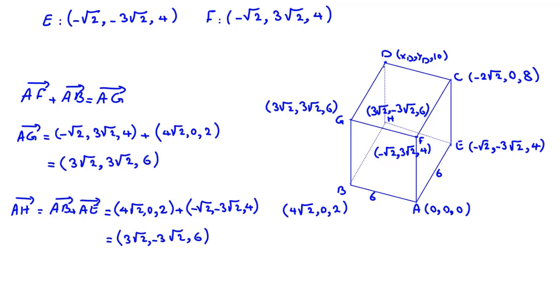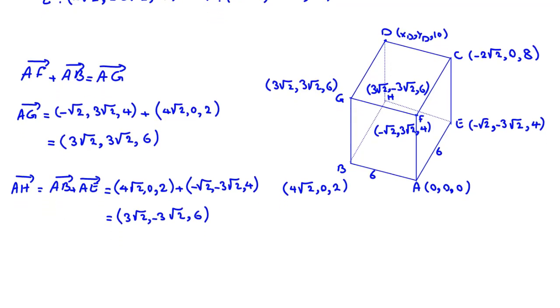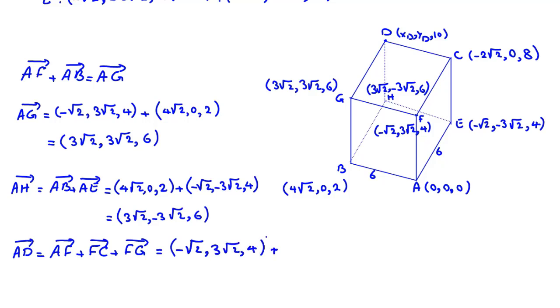And the last part is D. For D, you can say AD equal to AF plus FC plus FG. AF is obvious: negative root 2, 3 root 2, and 4.